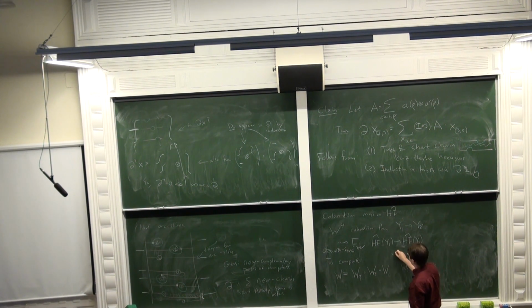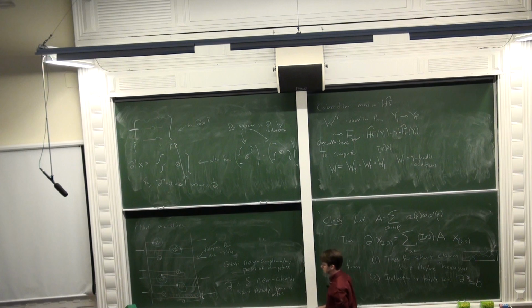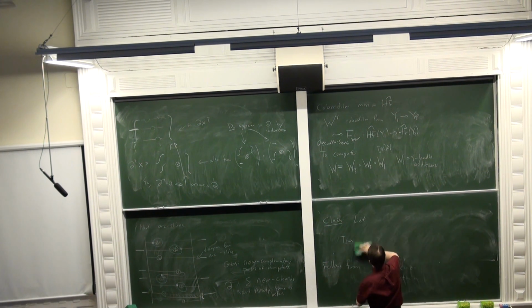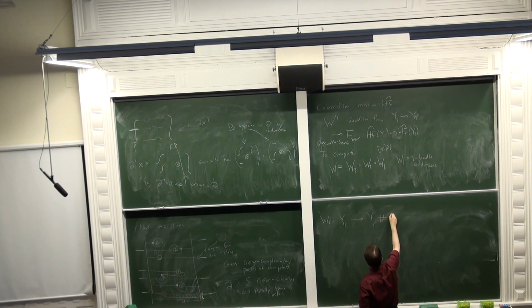So I start with Y1, and I glue on 1-handles and 2-handles and 3-handles. Gluing on 1-handles, W1 just takes Y1 and replaces it with Y1 connect sum S2 times S1.